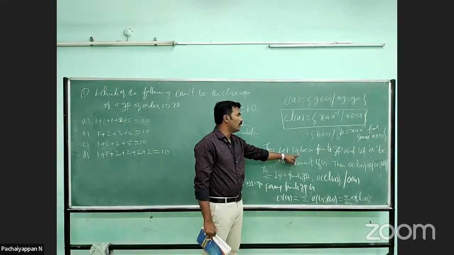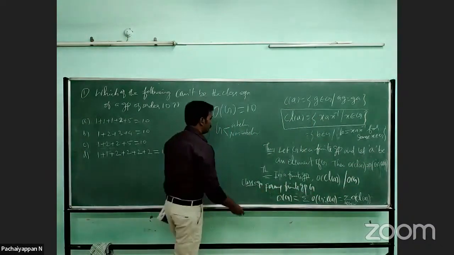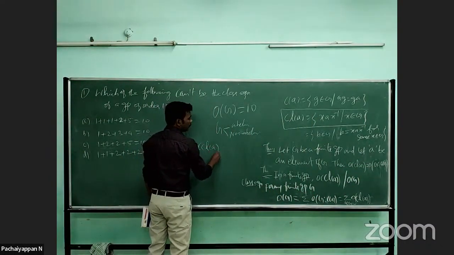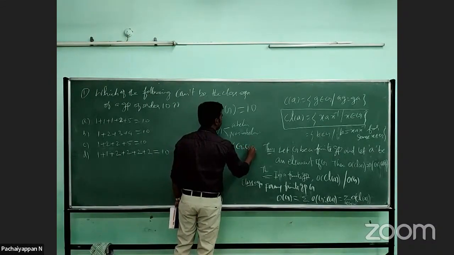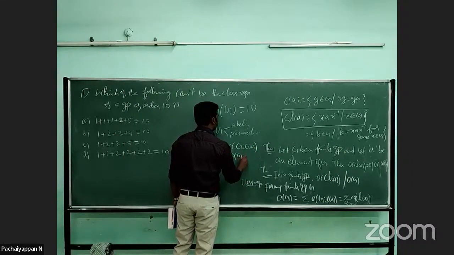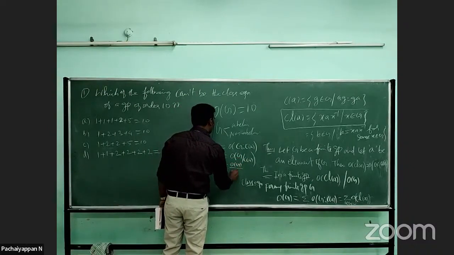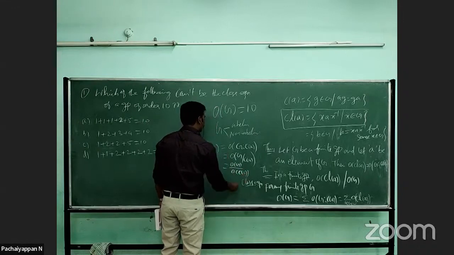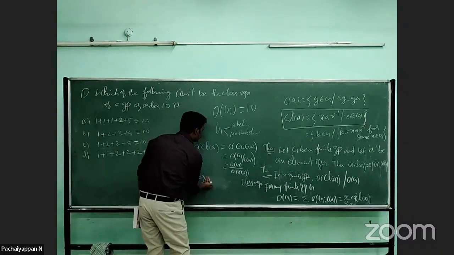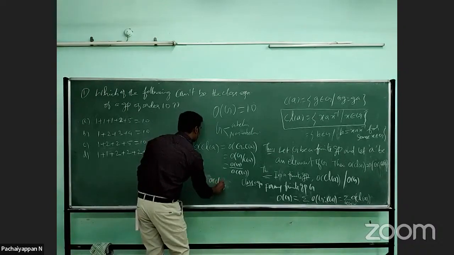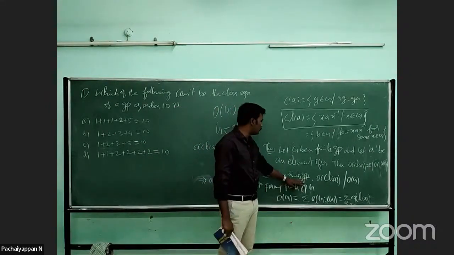Let G be a finite group and A be any element of G, then from the conclusion, order of CL of A equals order of G index C of A. This is nothing but order of G mod C of A, which is order of G by order of C of A. This implies that order of CL of A should divide order of G. From the theorem, we can conclude this.